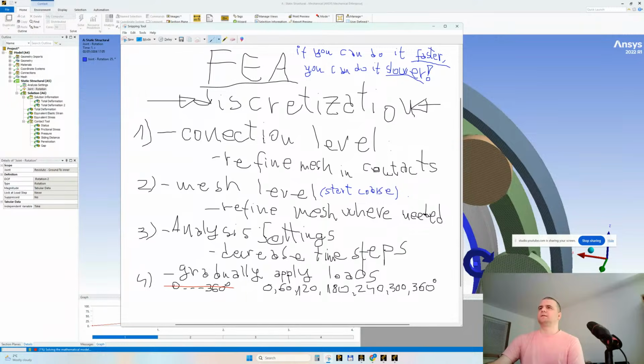Okay, and this start coarse applies also to kind of anything and everything. Then you can refine. No problem. This is what we have done and what I'm doing now.